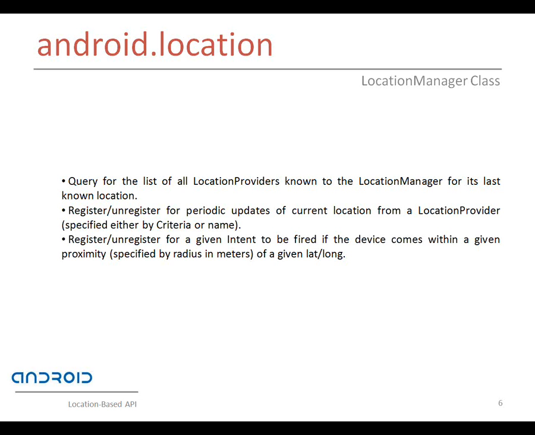So what are the merits and demerits of the network-based location provider and the GPS-based location provider? Sometimes you have seen the problem of battery draining in your Android mobile phone.